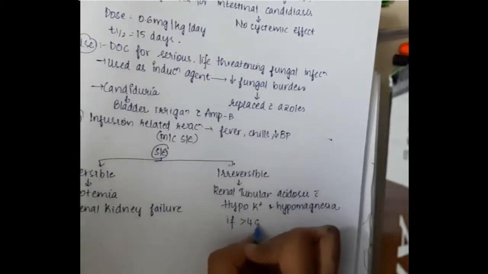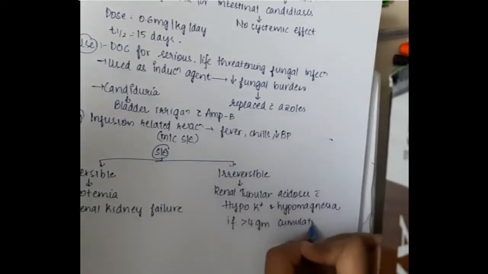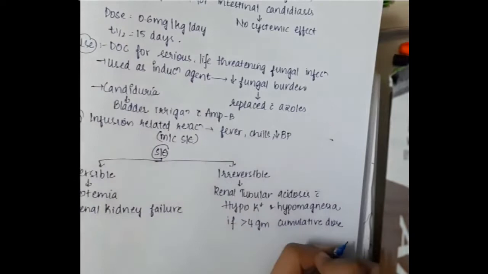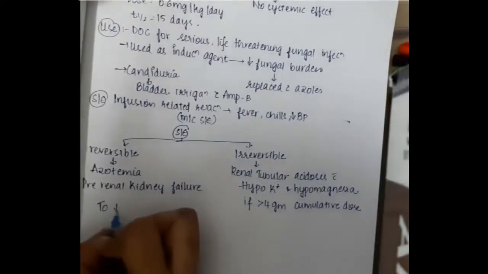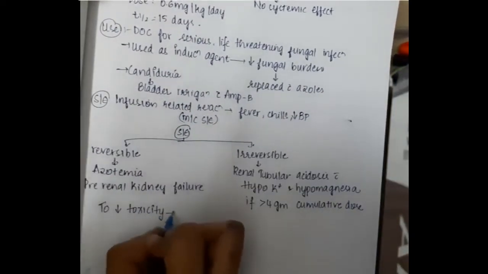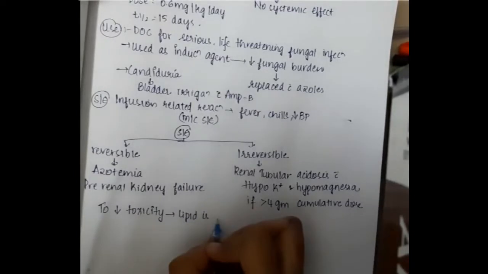If the cumulative dose is more than 4 grams, then it will cause renal tubular acidosis and hypokalemia or hypomagnesemia.